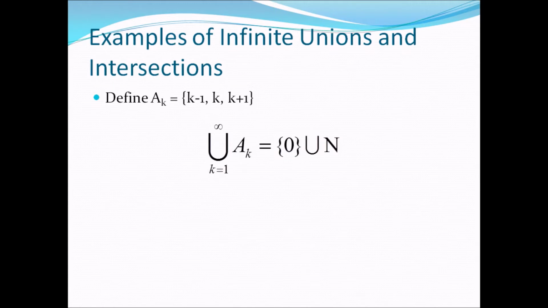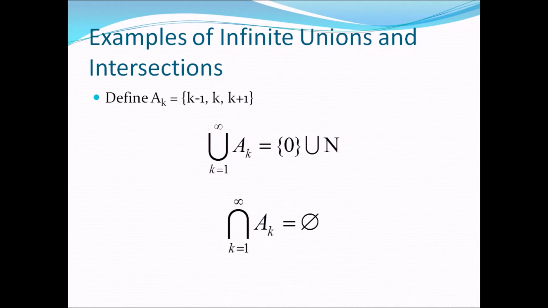So if you see, the union of all the A of k's is equal to 0 union with the natural numbers. Since we know A of i contains i for every i in the natural numbers, we get the natural numbers, and for the first one, we also get 0, so 0 union natural numbers.